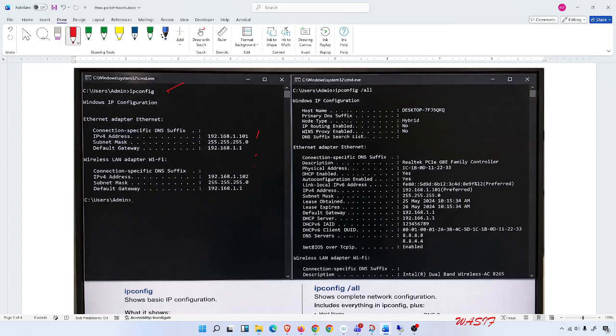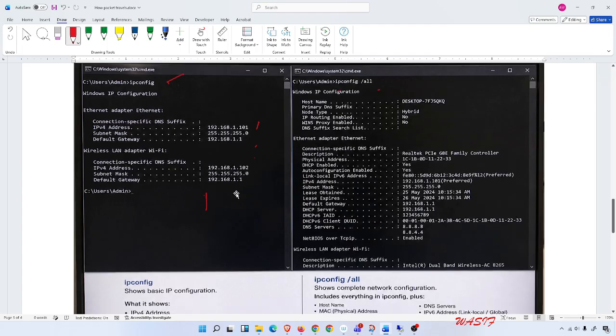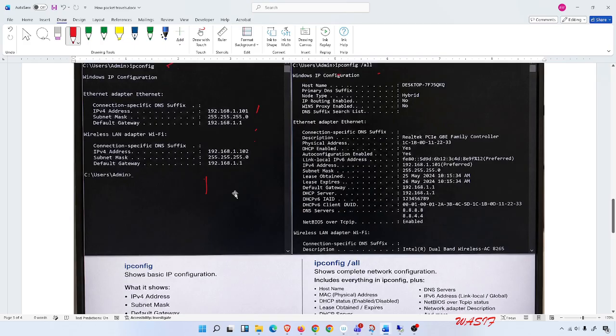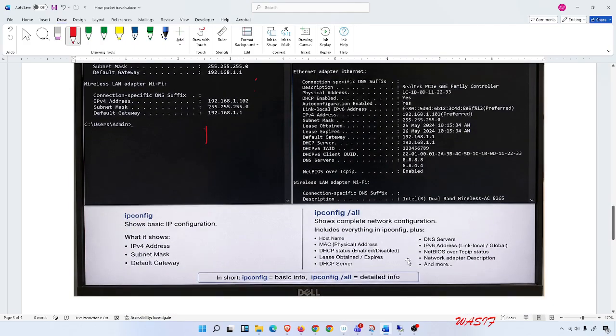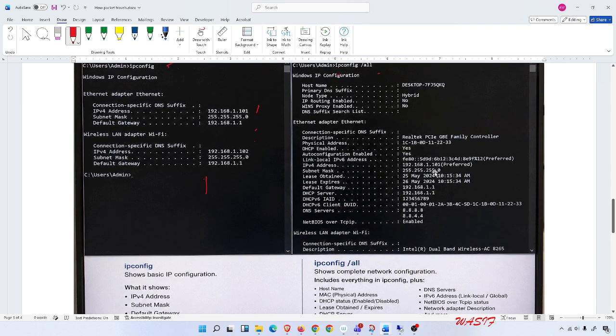In most cases, you will not find information related to your virtual interfaces. ipconfig /all gives a lot of information: host name, MAC address, DHCP, NetBIOS, a lot of things.